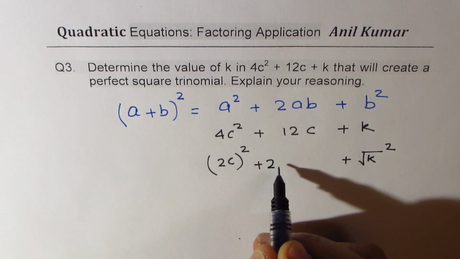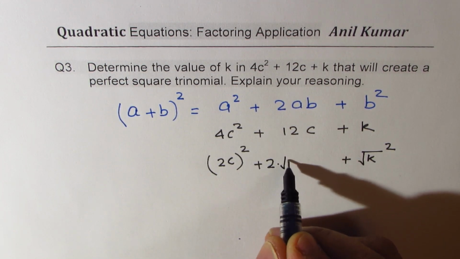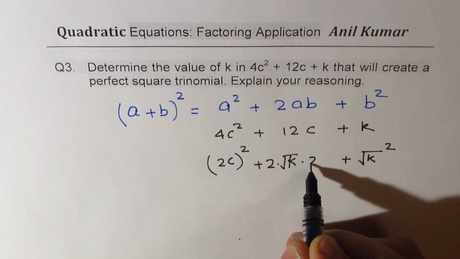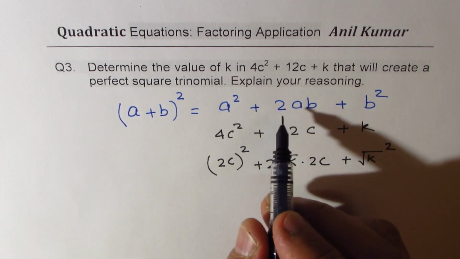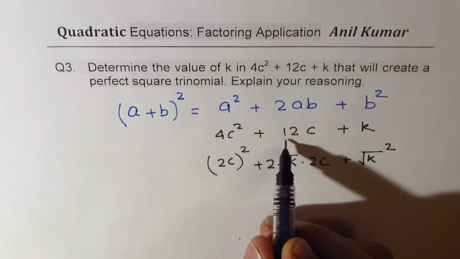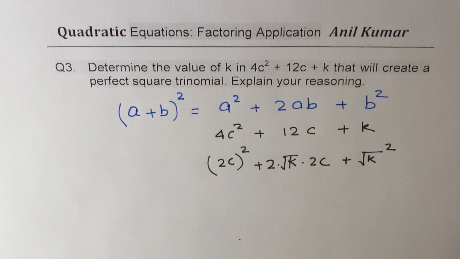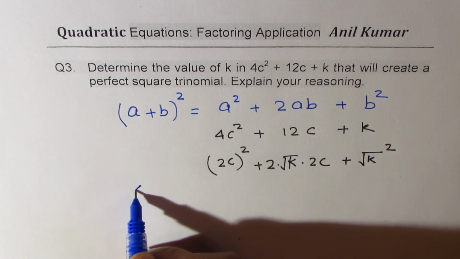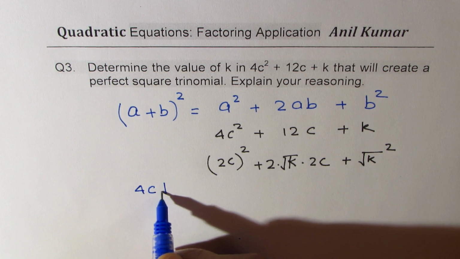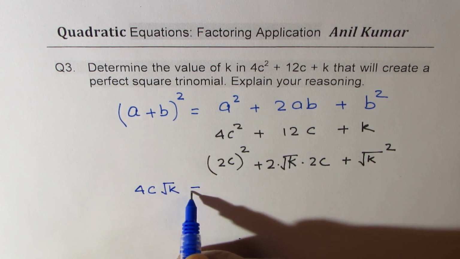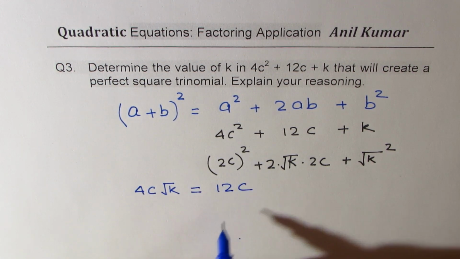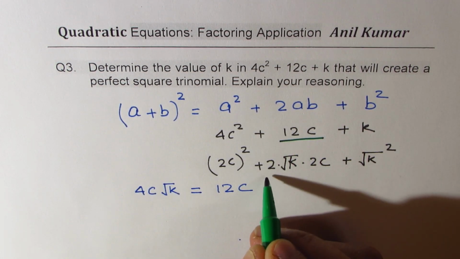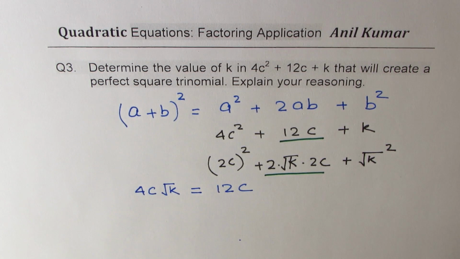So it is 2 times square root of k and 2c. But we are given the center term as 12c. So we get our equation. Do you understand? So 2 times 2 is 4. So we get 4c square root k should be equal to 12c. Do you see that part? So this 12c should be equal to that portion.